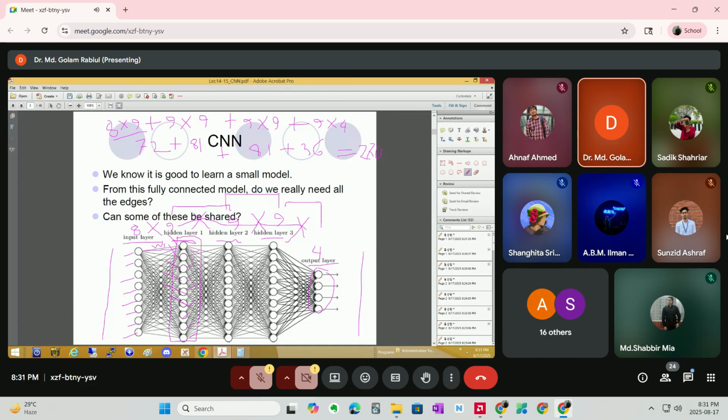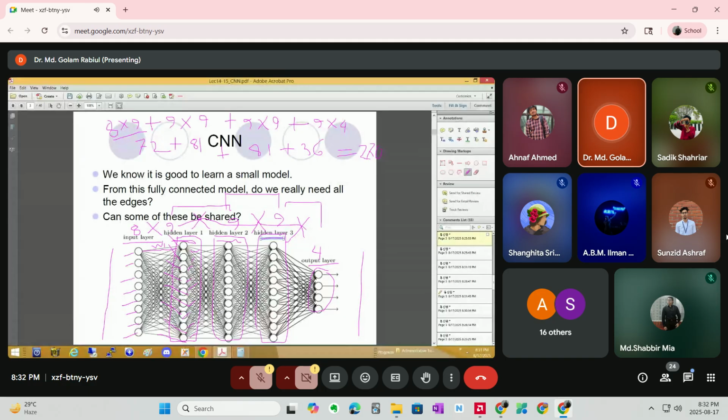Similarly, for hidden layer 2, each and every neuron has a different bias. And also we have to add bias for hidden layer 3, for each and every neuron, and also bias for the output layer.